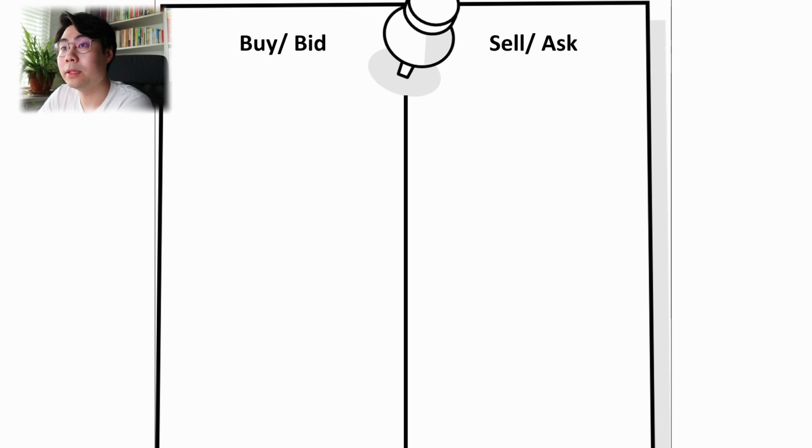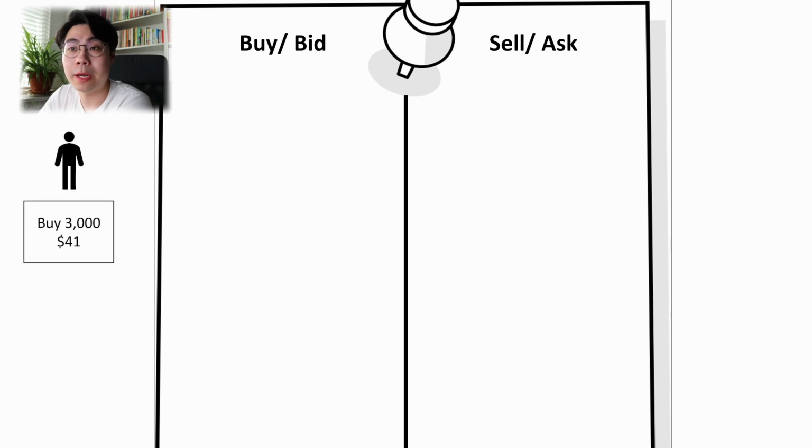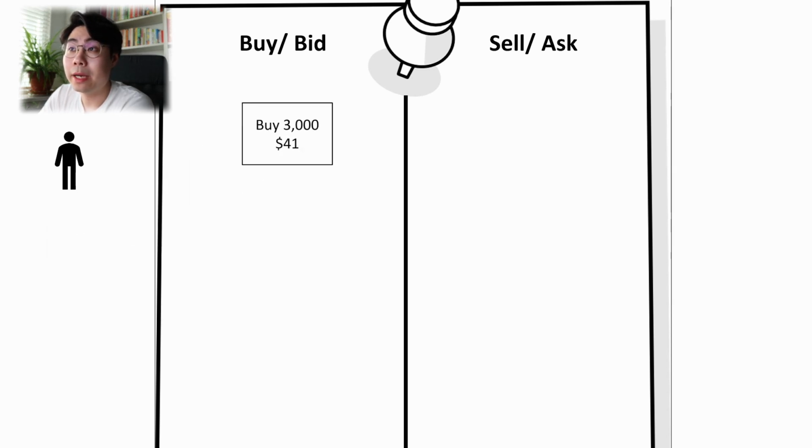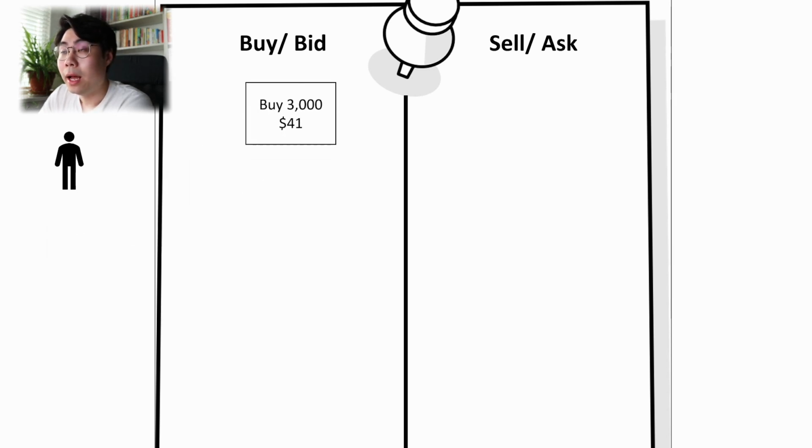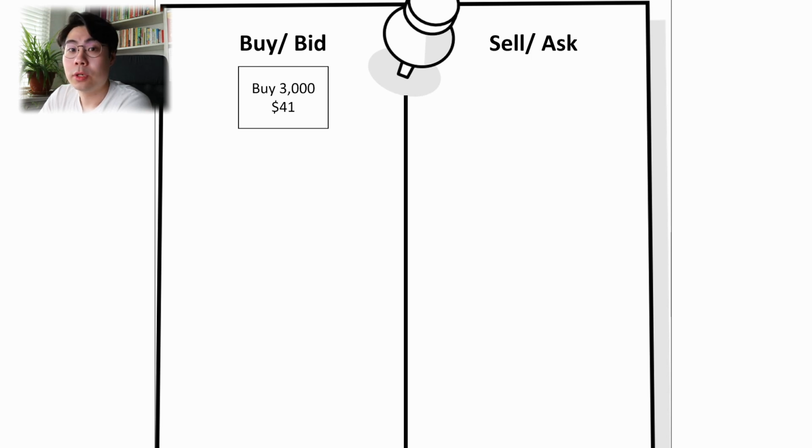So let's talk about the scenario where person 1 wants to buy 3,000 shares for $41. This order goes to the exchange and gets placed in the buy column, right? So now we have our first order, but if you look online, there's still no trade going on, so there is no price being set.